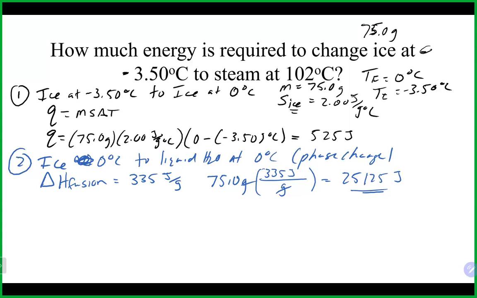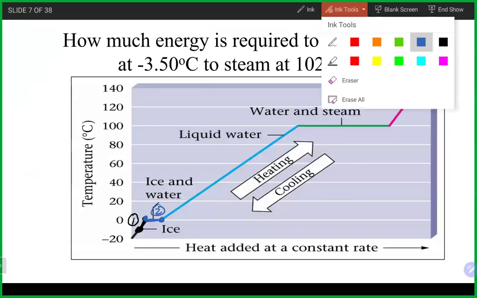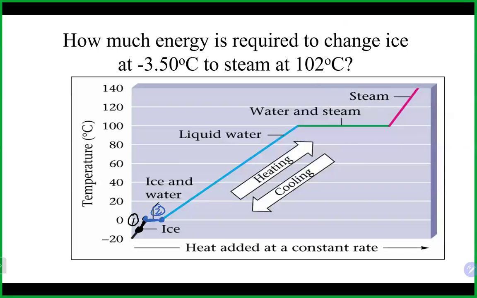Other questions? All right, so if we look at our map of where we're at, since we just did the phase transition, we're sitting here at 0 degrees Celsius liquid water. The next part of the transition is to take it from 0 degrees Celsius all the way up to 100 degrees Celsius liquid water.